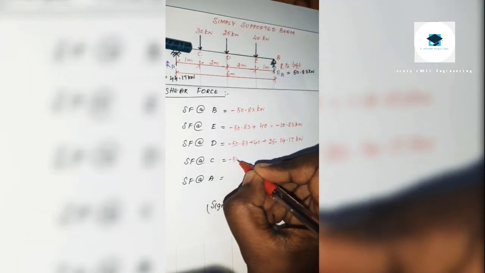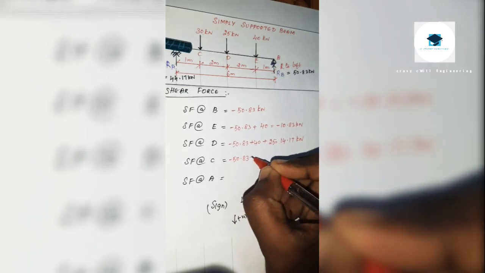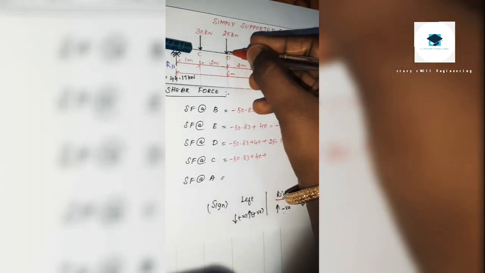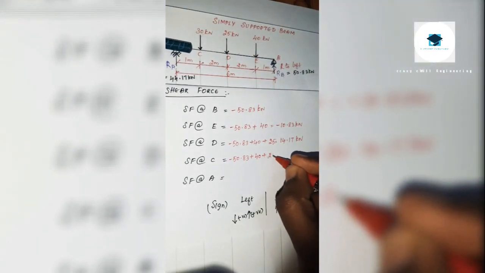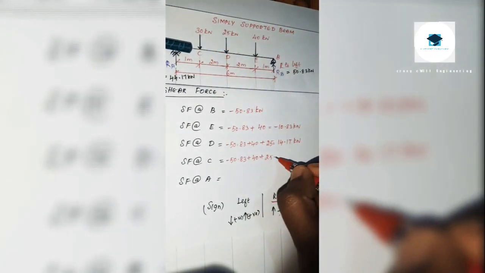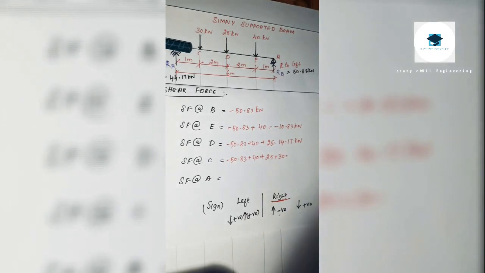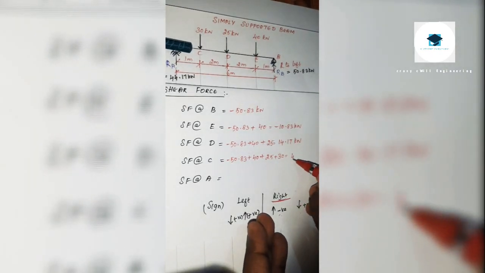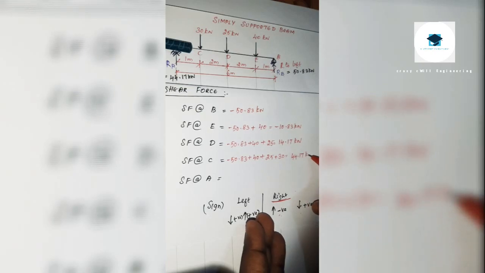Here, shear force at C. RB is acting in the upward direction, so minus, plus 40 is acting downward, plus 25 is also acting downward, plus 30 is also acting downward, put plus 44.17 kilonewton.